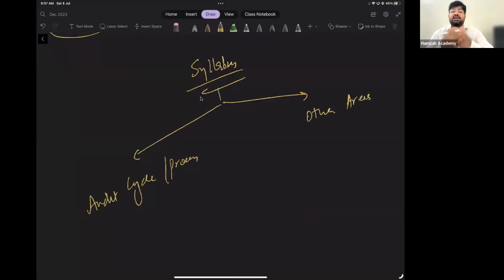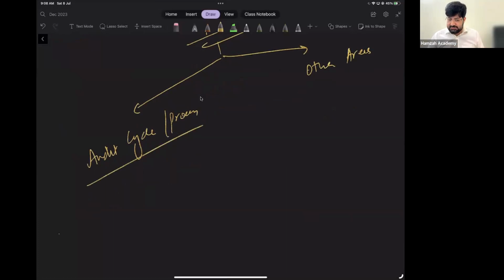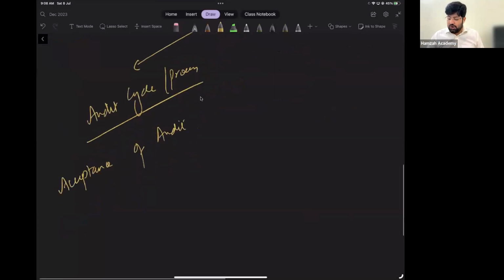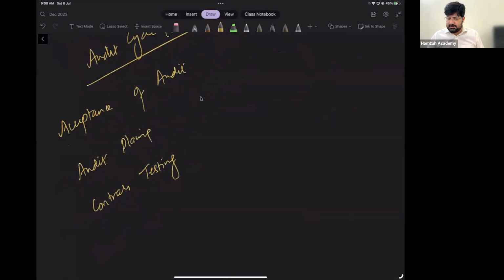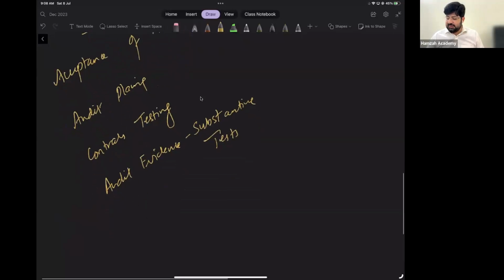The audit process or audit cycle comprises the steps involved in the performance of audits, from acceptance of audit, then audit planning, then controls testing, then audit evidence, substantive tests, then the review and report stage.